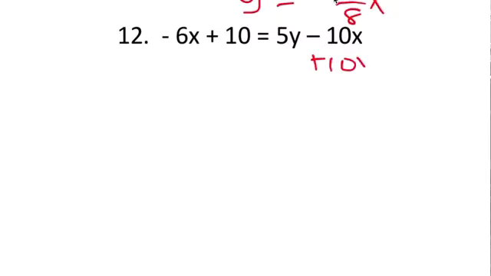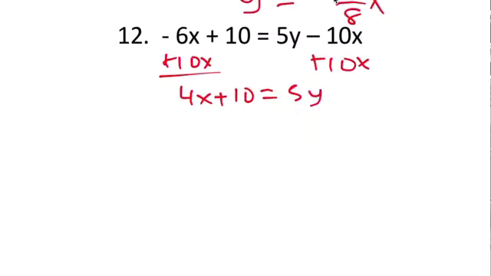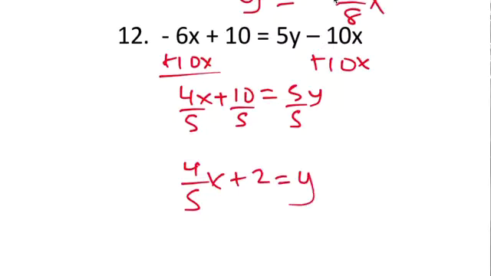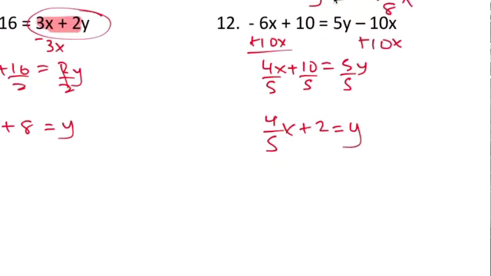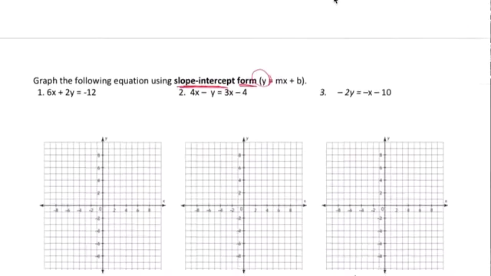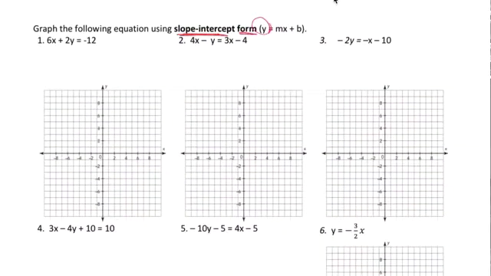Add 10x. Divide by 5. Okay, so a parallel line is 4 over 5x plus whatever you want, 10. Just don't use 2. Now, this is the same as the other one, just more of it.